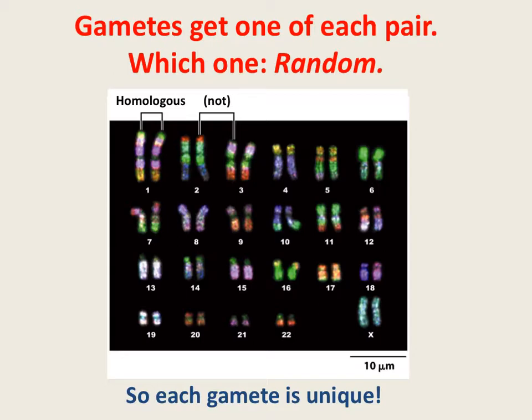Okay, so remember, you have 23 pairs, and each gamete gets 23 single chromosomes, but which one it gets is random. It could be the one from mom, or it could be the one from dad.